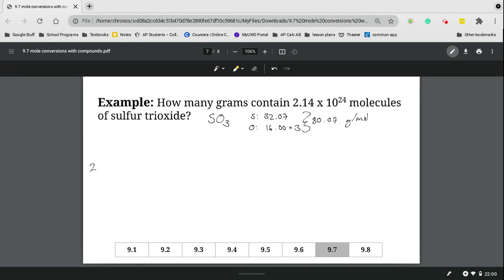So we start a calculation with what's given in the problem, 2.14 times 10 to the 24th molecules of sulfur trioxide. Match molecules to molecules, but we're aiming for moles. And so we use that Avogadro's number again because there's 6.02 times 10 to the 23rd molecules in every mole.